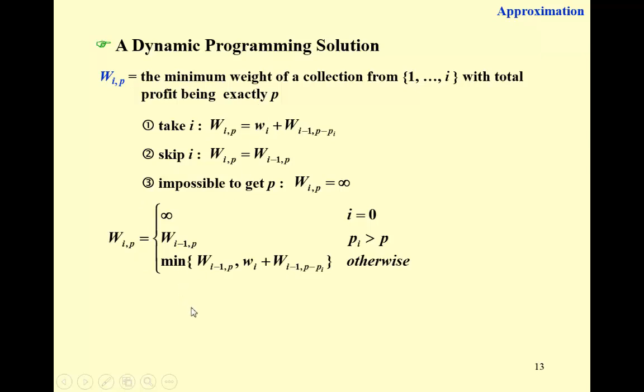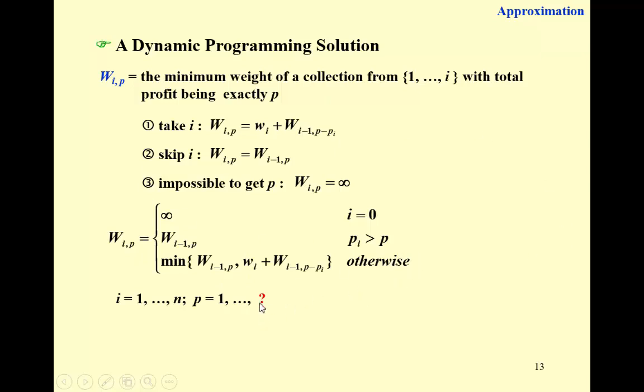All right. What about the complexity? Here we have I and P, right? And I goes from 1 to n. And the profit goes from 1 to what? What is the largest profit we can get? The total sum of all the profits, right?